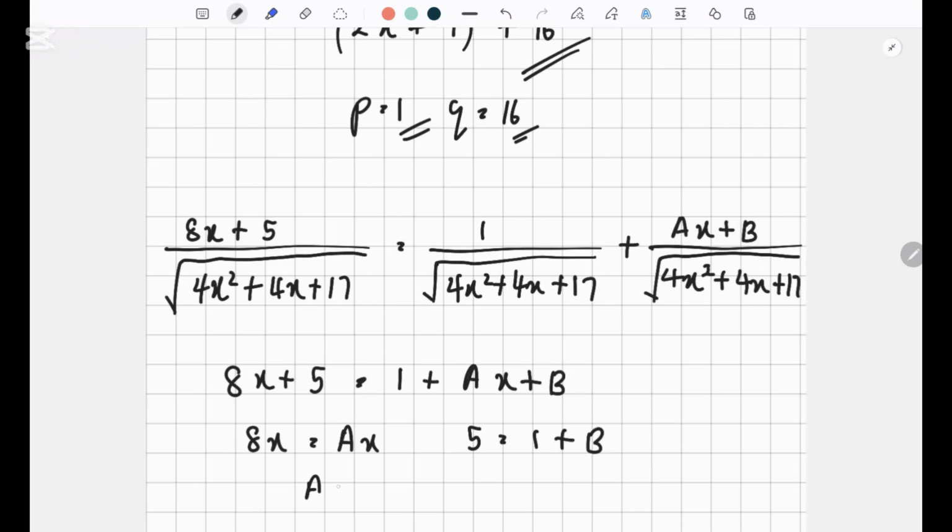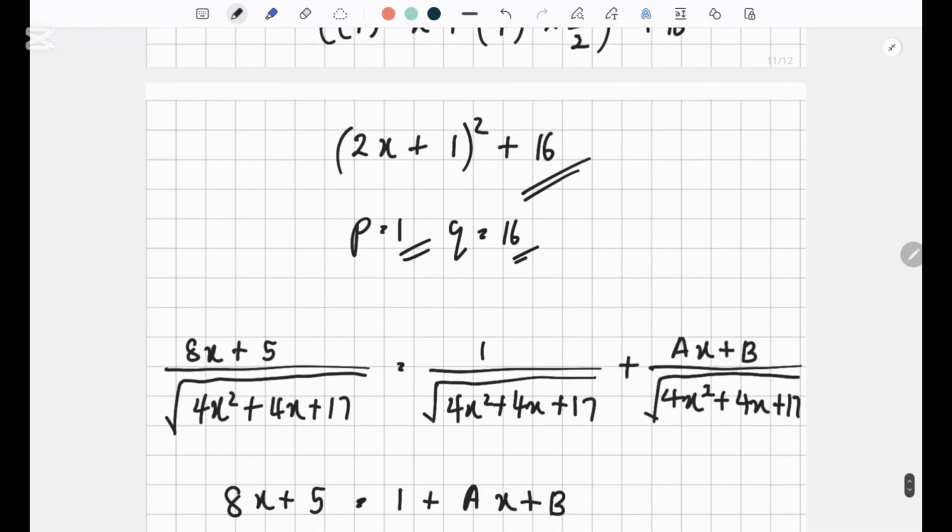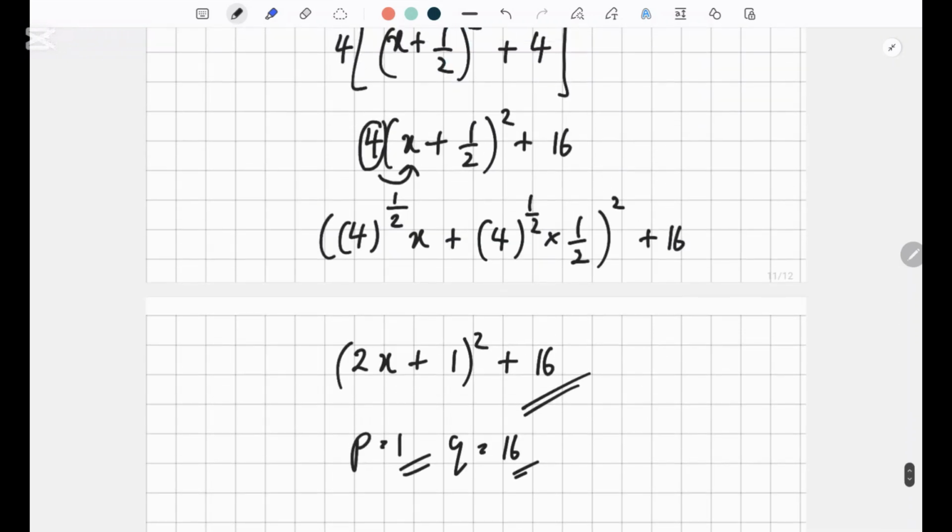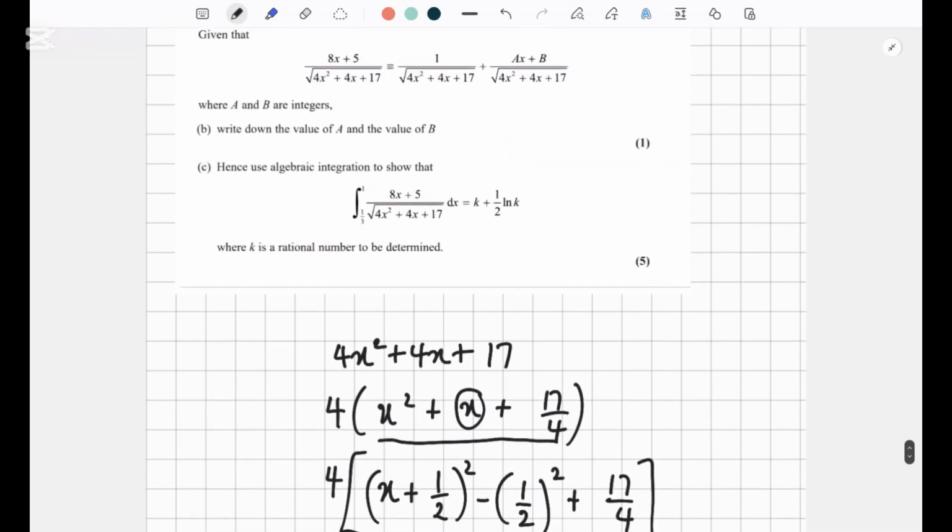So a equals 8, b equals 4. I think this has a relationship to your next question, because they've given 8x, so we have to break that down into 2 like that, and then differentiate it.